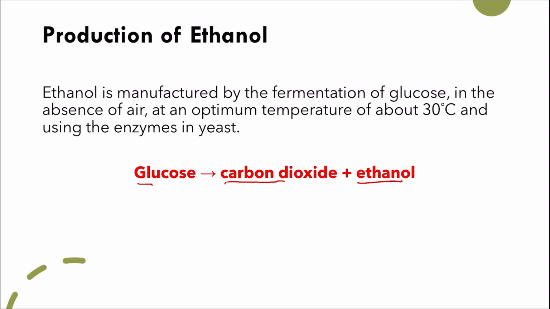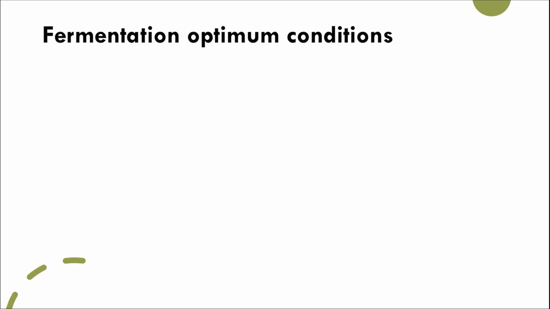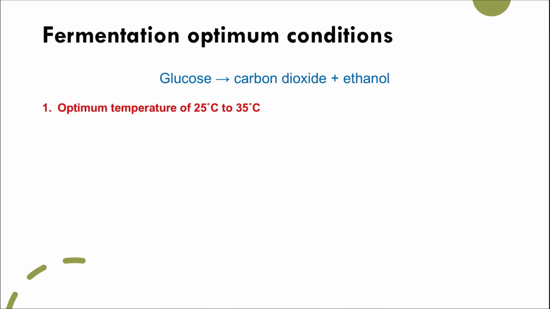Yeast is a type of single-celled fungus which provides the enzyme needed for the fermentation. The optimum temperature for the fermentation is between 25 and 35 degrees. This is an enzymatic catalytic reaction.